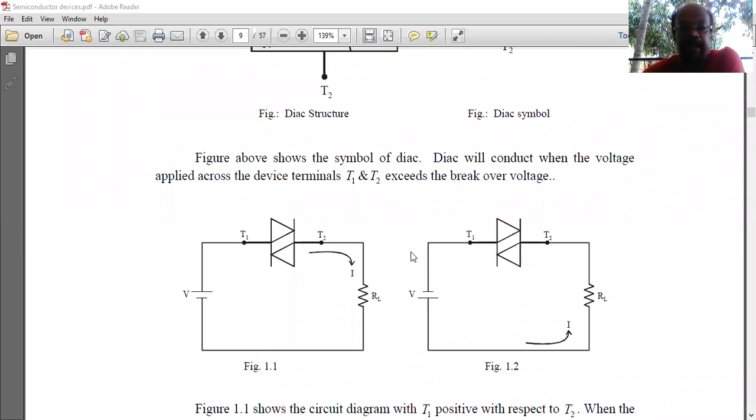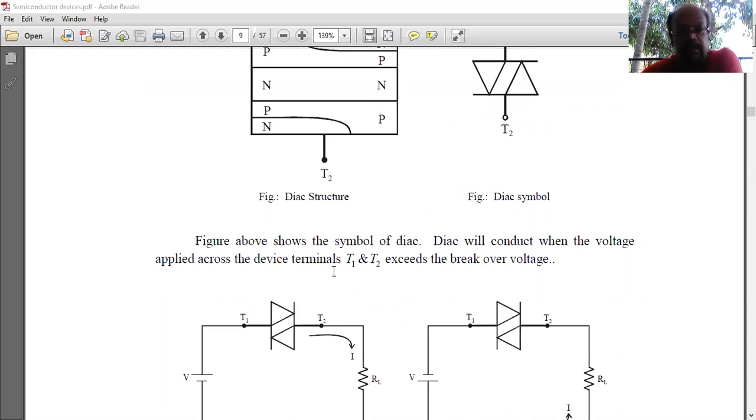Mainly this device can operate for the positive cycle and also for the negative cycle. That means it will conduct in this direction and it can conduct in this direction also. The DIAC will conduct when the voltage applied across the device terminals T1 and T2 exceeds the breakover voltage.